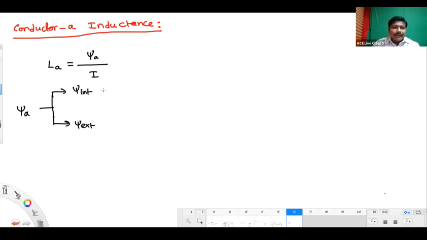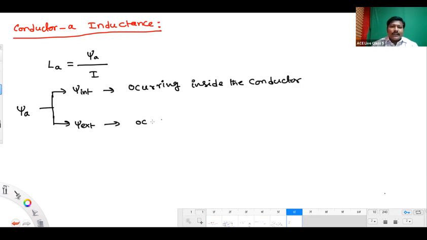You write simply, psi internal means occurring inside the conductor. And psi external means occurring outside the conductor. And the resultant is nothing but the summation of these two, internal plus external.